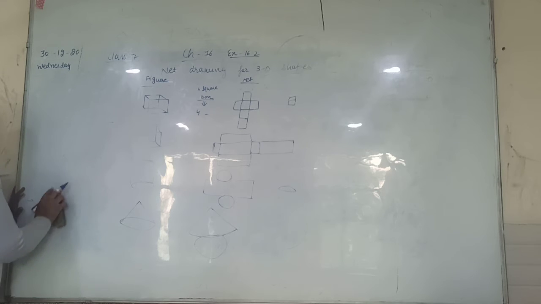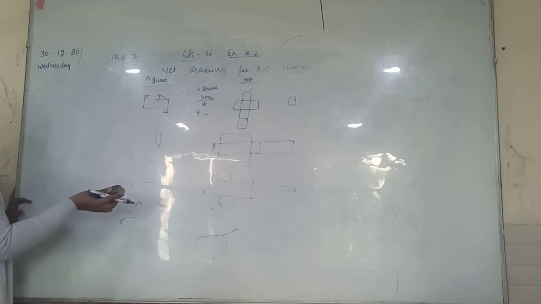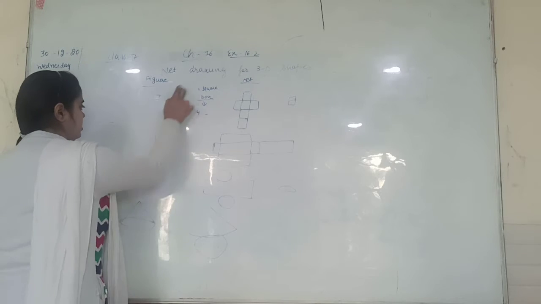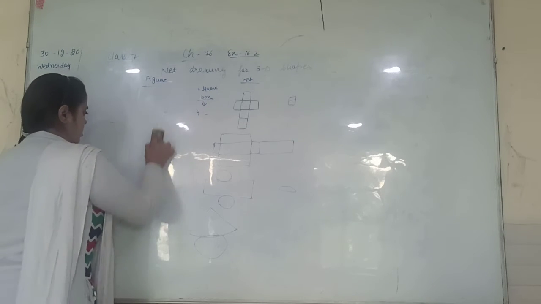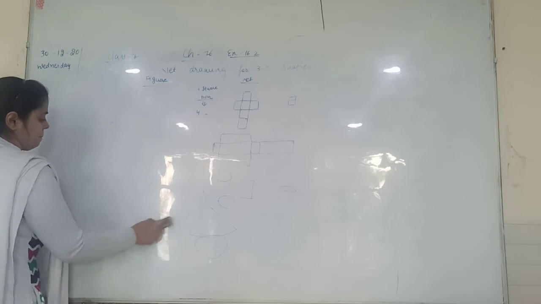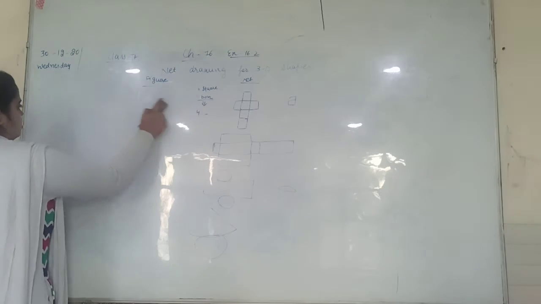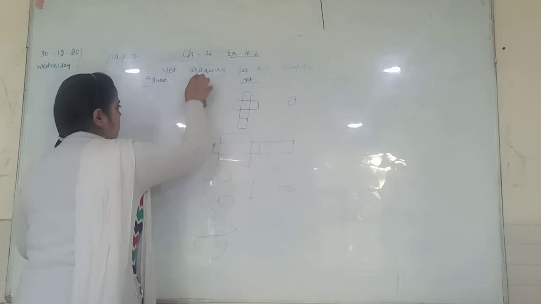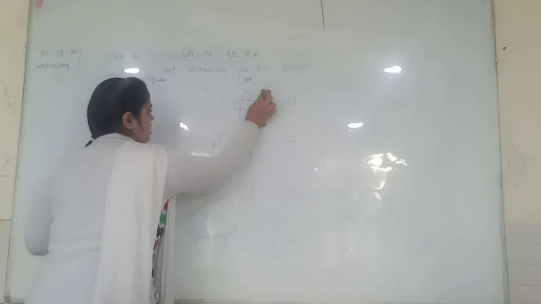Pyramid shapes are like a triangle. They also have a figure like a triangle. Right? So we will discuss the types of pyramids and their nets.